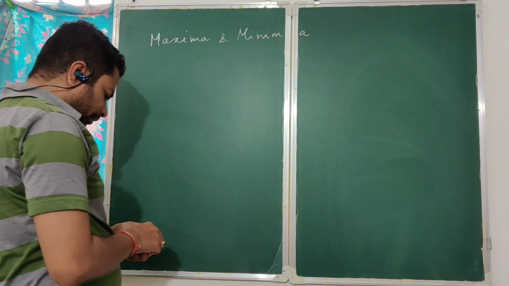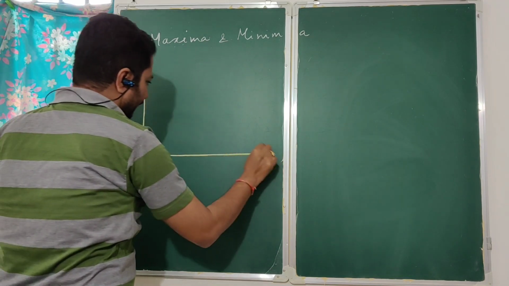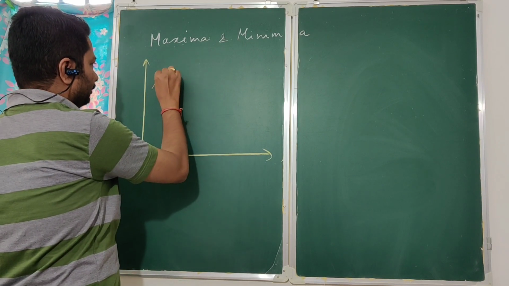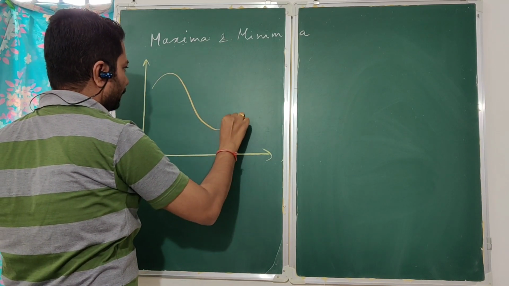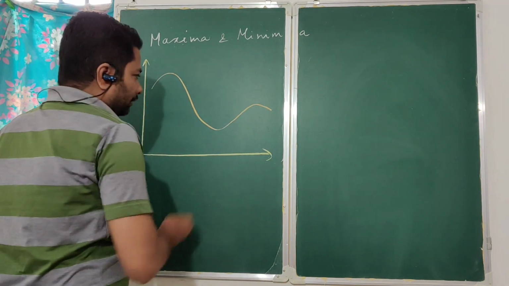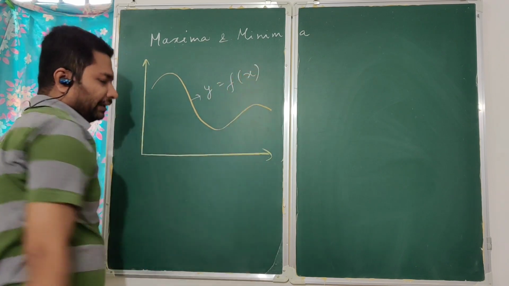By your normal observation, if you see any curve, let us say I am having a curve like this, and this curve is y is equal to f(x). It can be any curve.